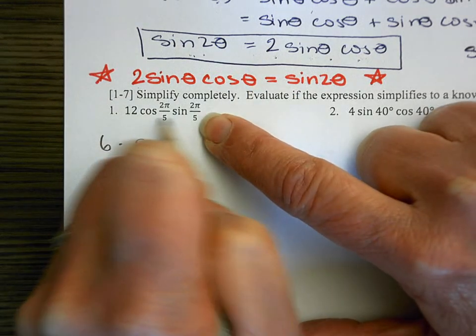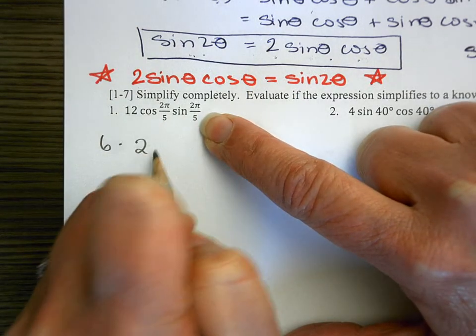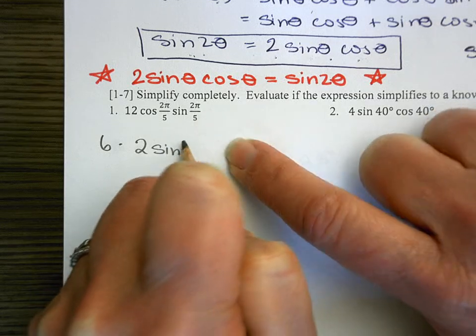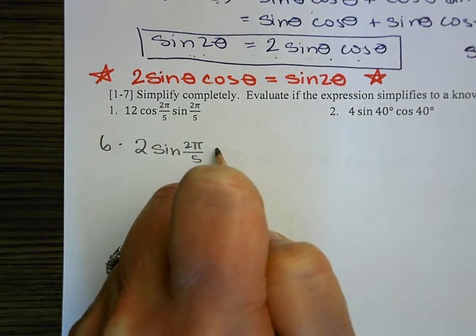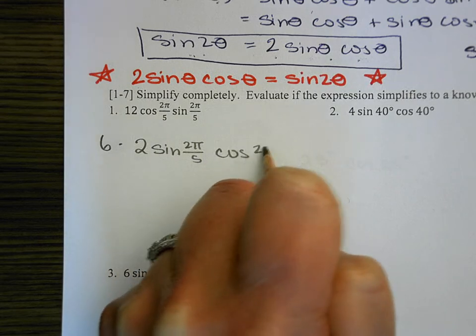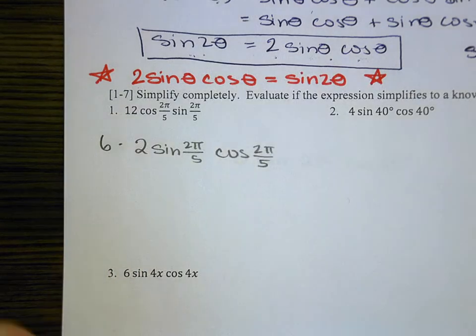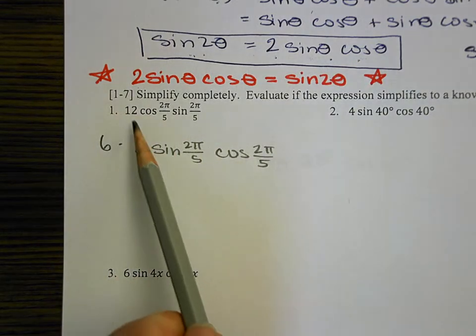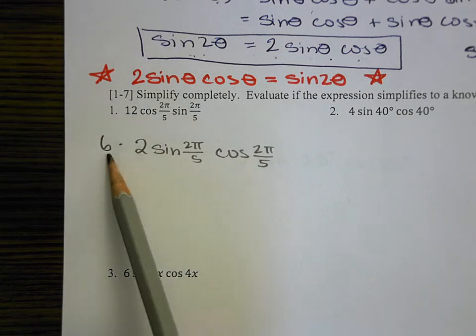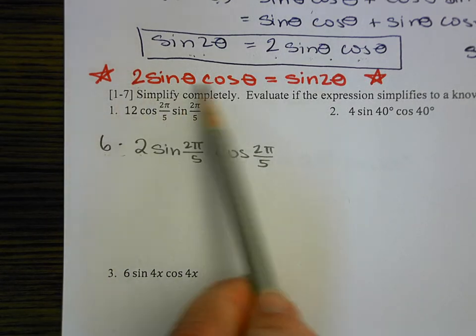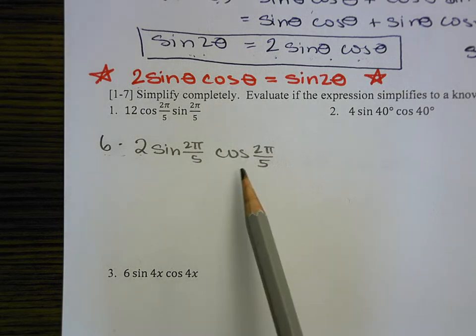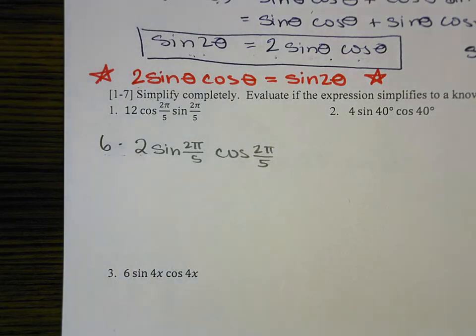And then sine and cosine, because it's multiplication, I can rewrite it. I'm just scrambling the problem up. I broke up 12 to be 6 times 2 because I need to have that 2 there, and I want sine and cosine to be in the right order. I don't have to do that step, it just makes it look a little nicer.